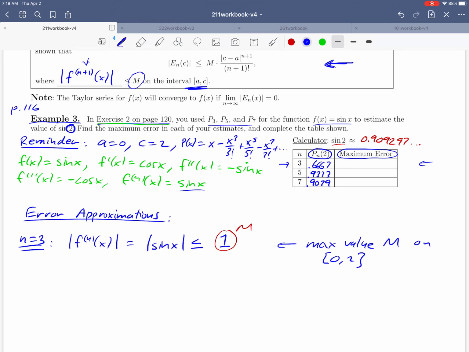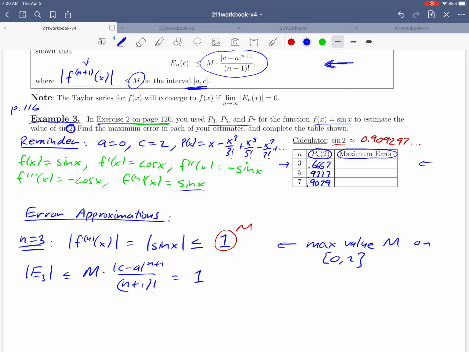Okay, and so to calculate our error, the rest of it is just to go back up to this formula. We just figured out the m, and to fill in the other pieces, the c, the a, and the n. So the error when n is equal to 3 is going to look like m times (c minus a) to the n plus 1 over n plus 1 factorial, and now we're just going to fill in the pieces.